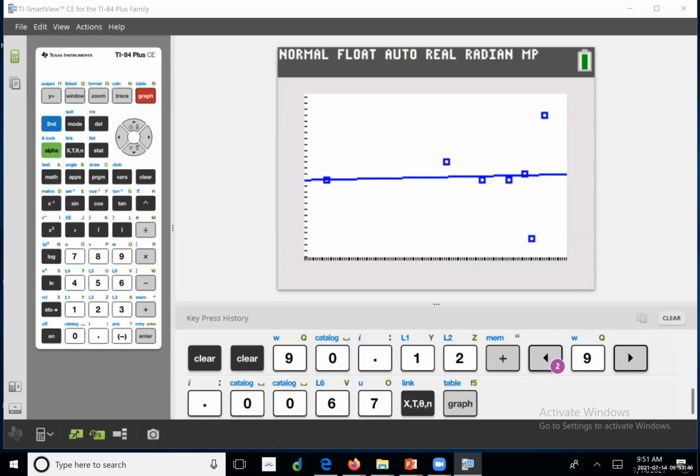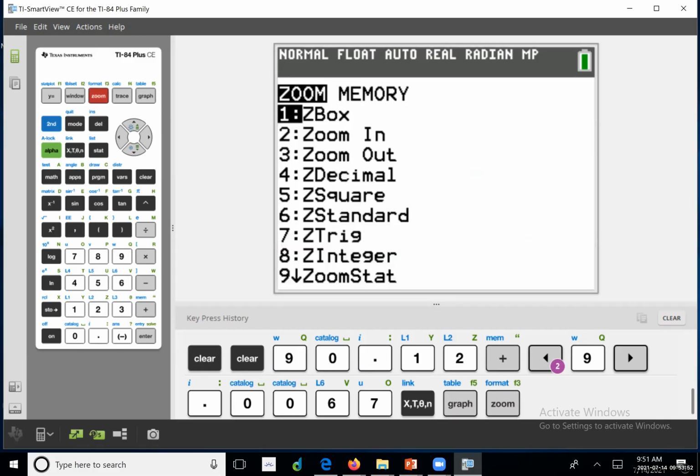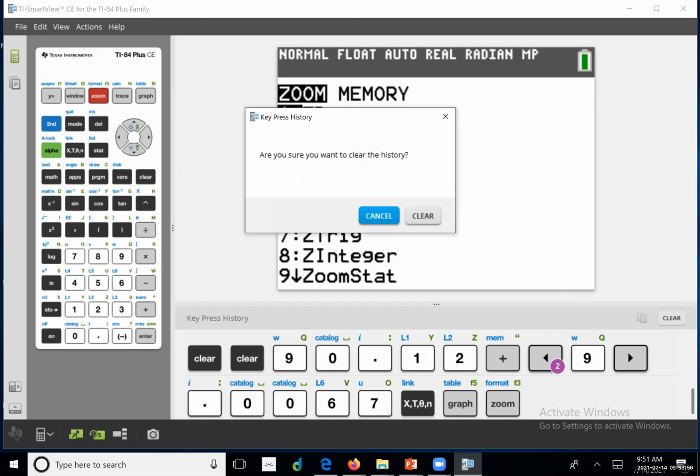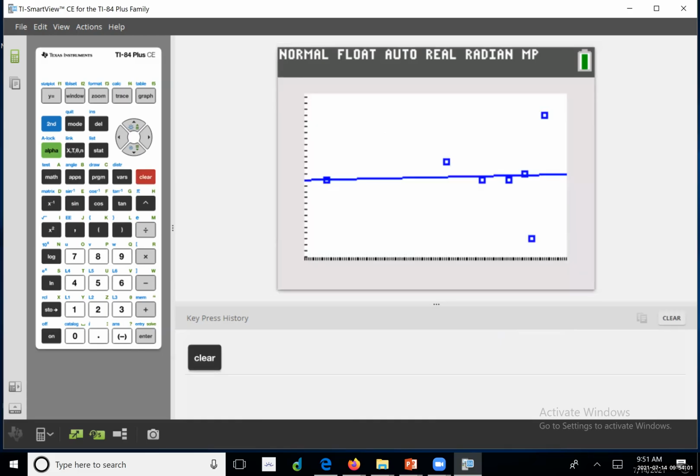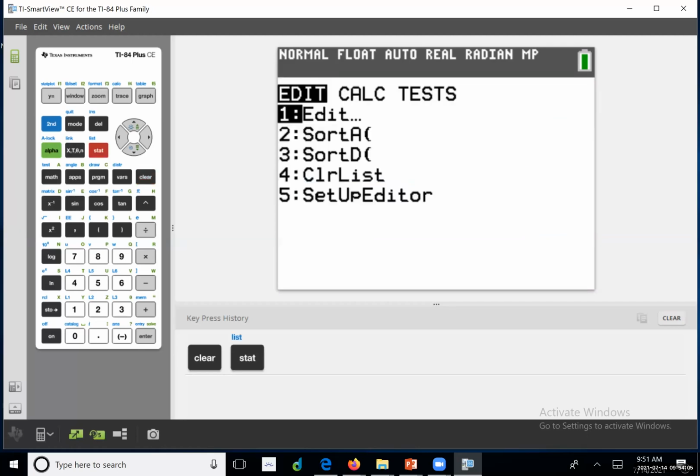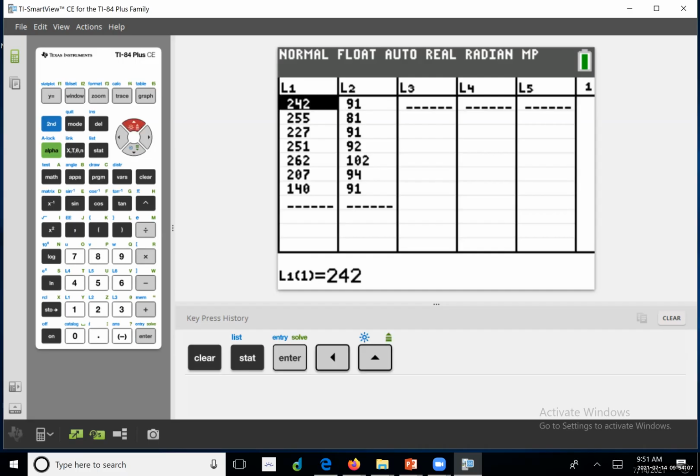But for graphing, you just need to go to Zoom and then go to number 9, ZoomStat. Okay, so I'll mute myself and start entering the data in my calculator.